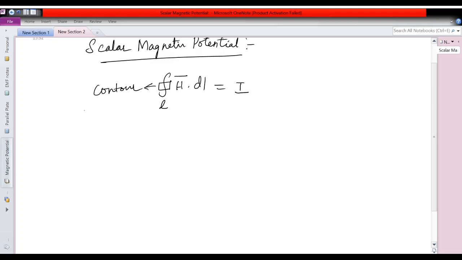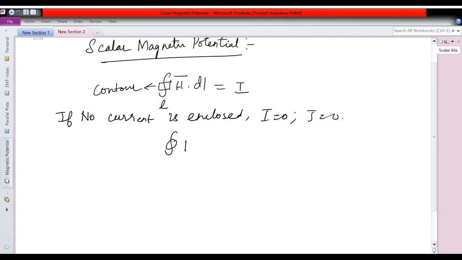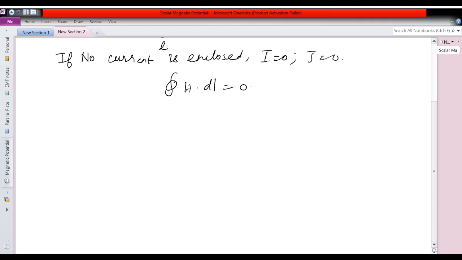Now there is no current enclosed. So if there is no current, if I is 0, J is also equal to 0. So the above equation reduces to H dot dl is equal to 0. So how do we represent our electric potential?